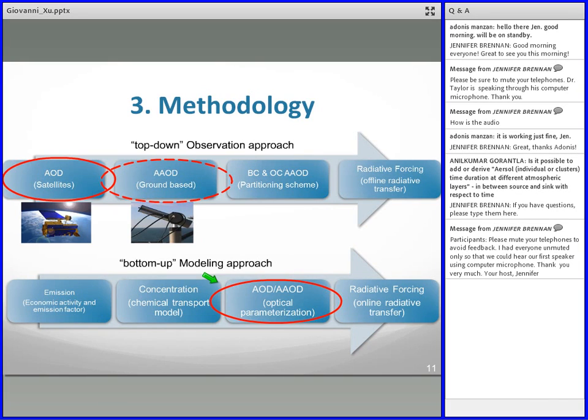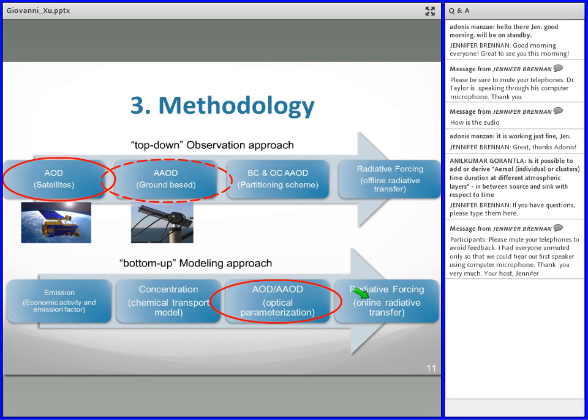And some optical parameterization scheme has to be used to calculate the bulk optical properties such as AOD and AAOD, which can then be directly compared with the observation. And of course, for climate studies, we are mostly interested in the energy perturbation, the radiative forcing part, that can be calculated by either an online or offline radiative transfer scheme.